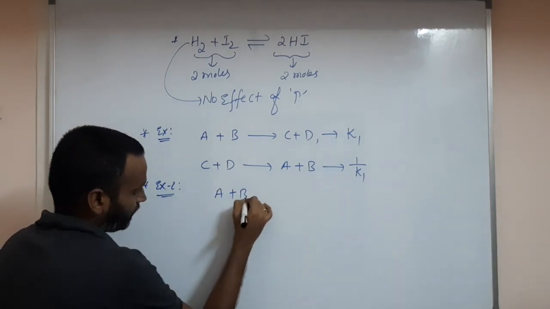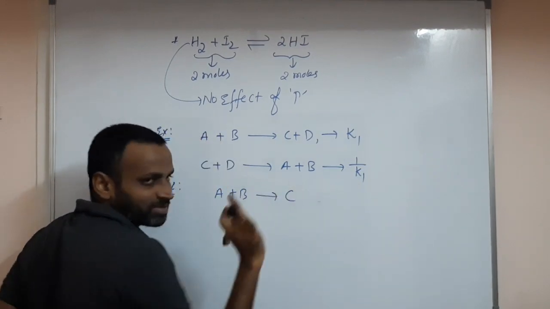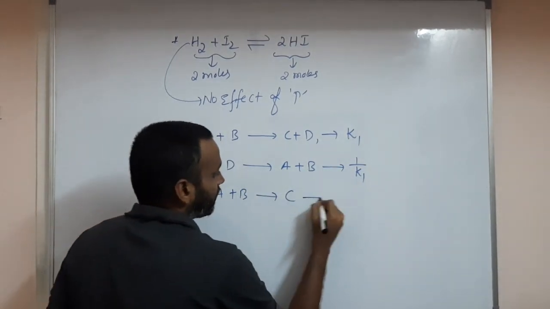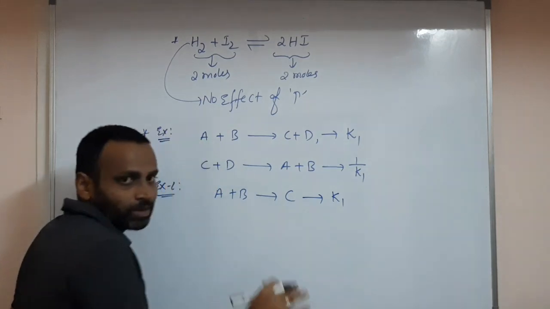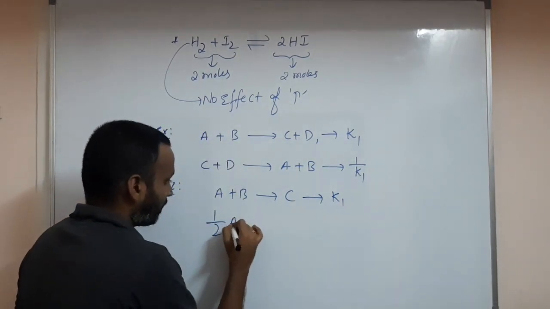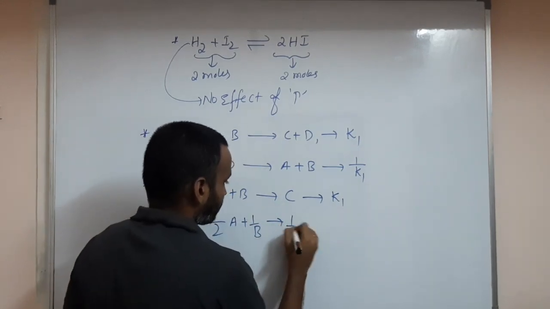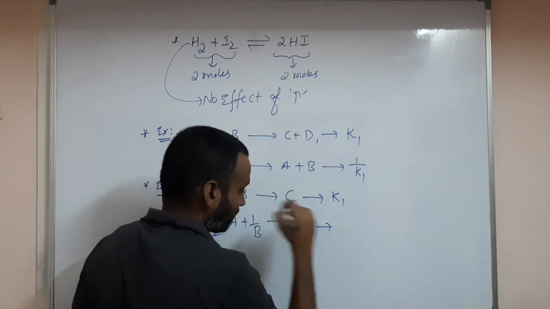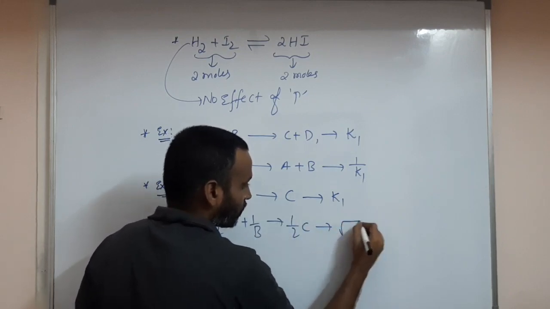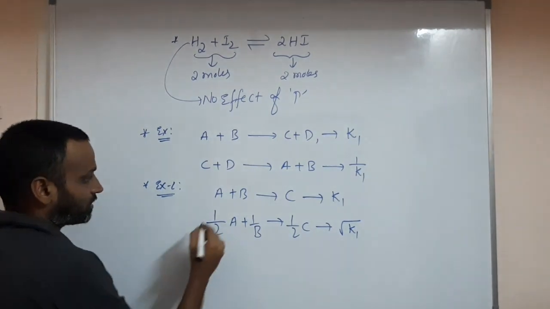A plus B gives rise to C. Here it is K1. Now consider the reaction half A plus half B giving half C. Then you have to take root K1. Why?